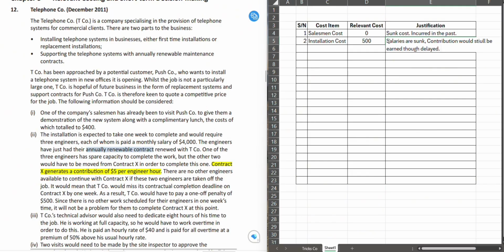So likewise, not relevant. However, the penalty of $500 will be incurred.